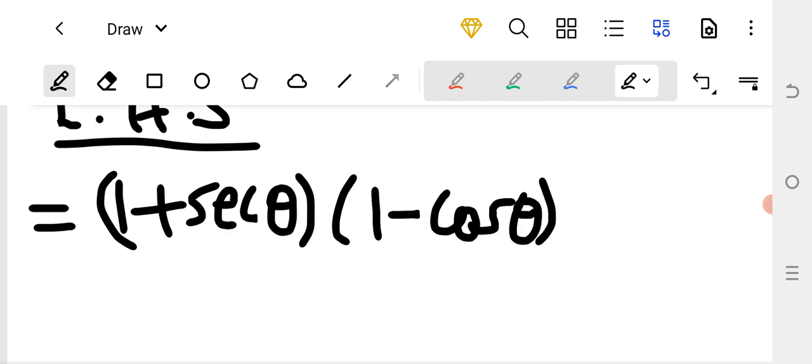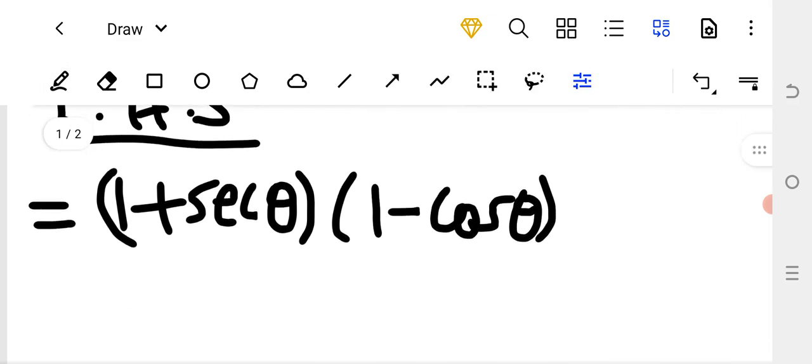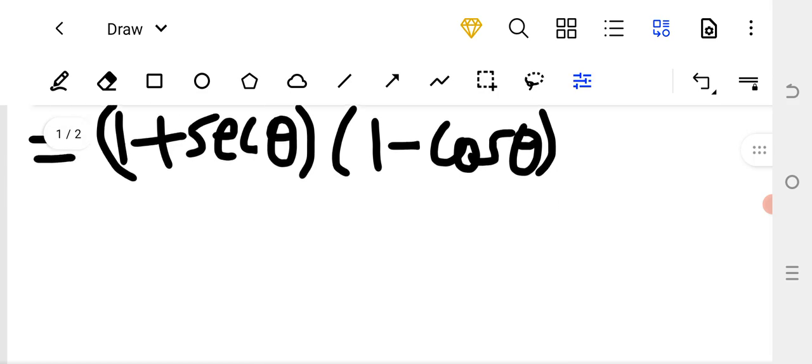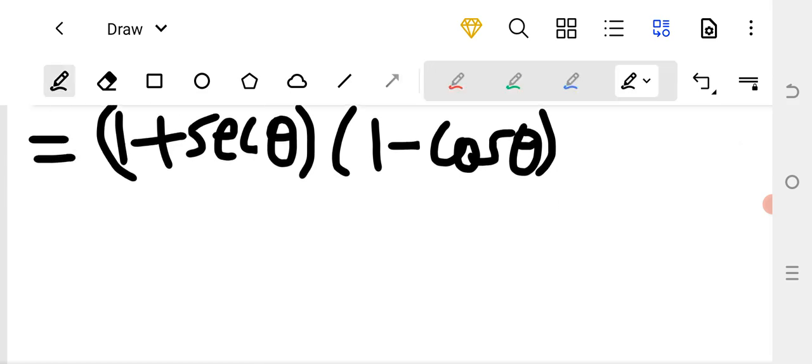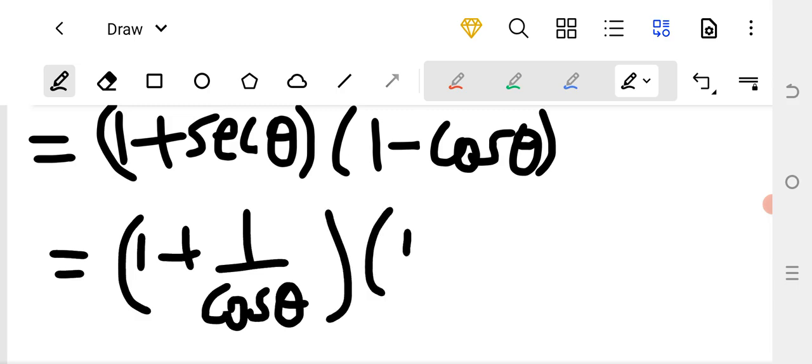As we know, sec is the inverse of cos. Seen from the third letter here, it means that it's the inverse of cosine theta. So when you write that down, it will become is equal to 1 plus 1 over cos theta, like that, then 1 minus cosine theta.